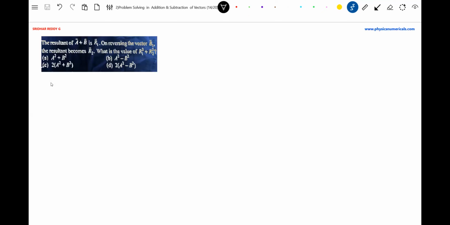Read the question. The next question is: the resultant of A bar plus B bar is R1. On reversing the vector B bar, the resultant becomes R2. What is the value of R1 square plus R2 square? The resultant of A bar and B bar is R1.